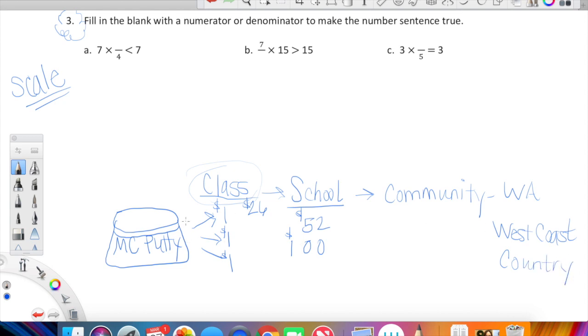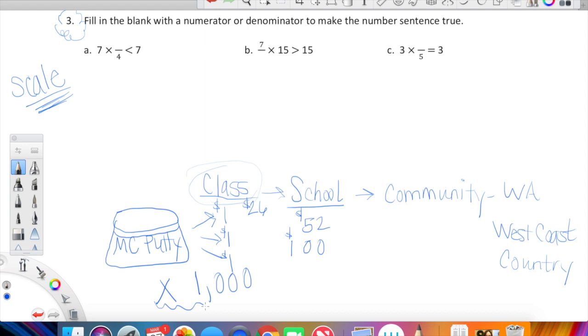So me making putty in my kitchen is not going to work anymore. I need to scale my business, which means I need to multiply my production. I need to multiply my whole business plan by a lot. Maybe I have 1 million customers.